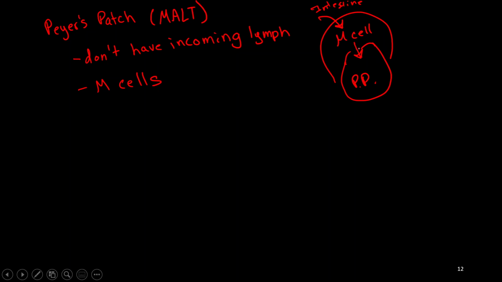Well, no. They're like soft spots, kind of, and something that would be easily attacked. Right. So they're somewhat selective in what is sampled because there's a lot of things that go through your digestive system that you don't need to build an immune response against, like food. So the M cells are going to select what goes to the Peyer's patches, and then everything, it does have outgoing lymph.